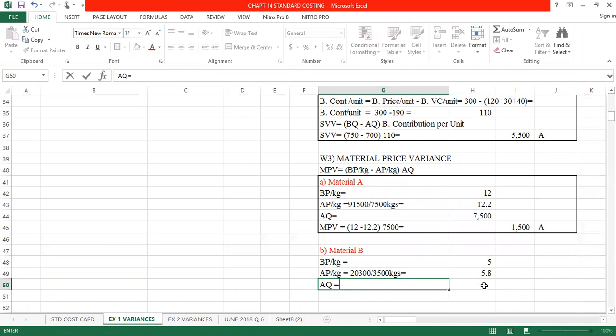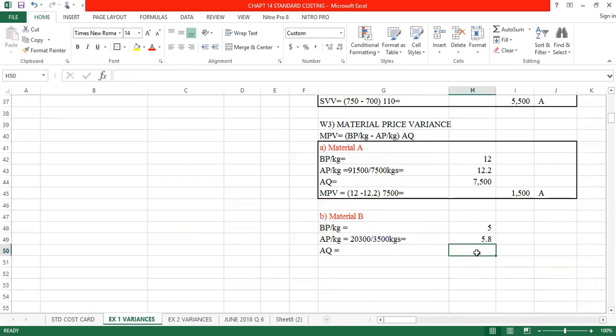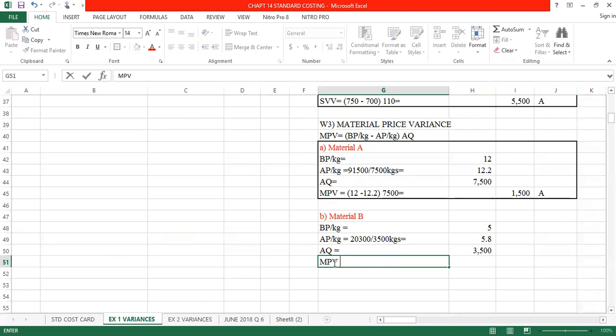Actual quantity for material B, you can see, is 3,500. So we can get the material price variance. Material price variance will therefore be equal to budgeted price 5 minus 5.8, times 3,500.